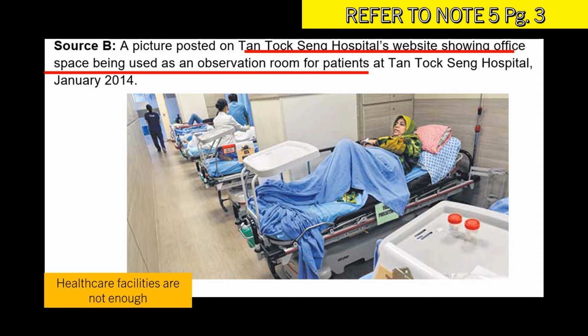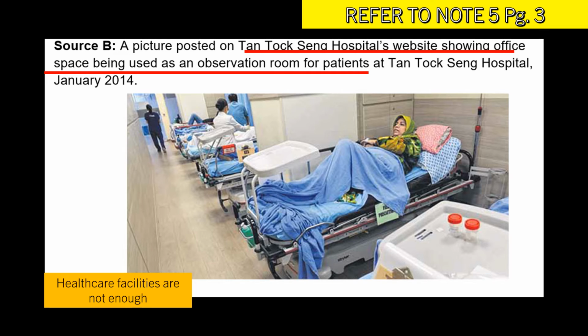And obviously, if you have people using office space, we can make the simple conclusion that healthcare facilities are just not enough, correct? And it tells you that there is some sort of overcrowding here. There is some sort of a pandemic that's happening such that the facilities are insufficient.